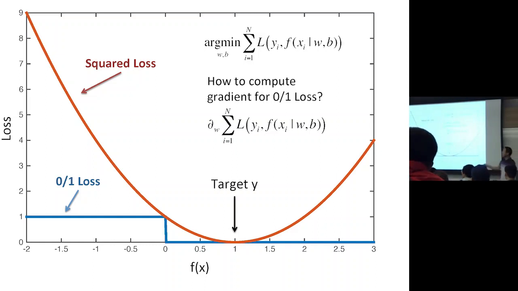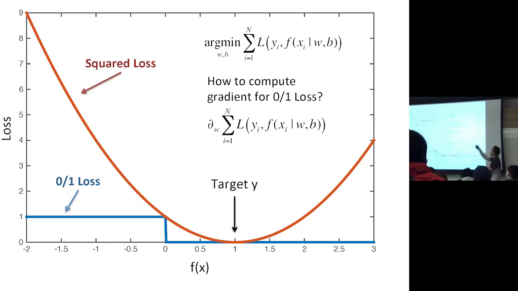Great. So the gradient is undefined or zero everywhere, right? It's undefined at the points of discontinuity, and it's zero everywhere else. Which means if you're here and you're making the wrong prediction, you don't know which way to move your model parameters, because it doesn't go down.